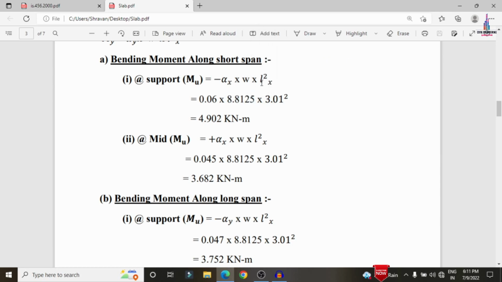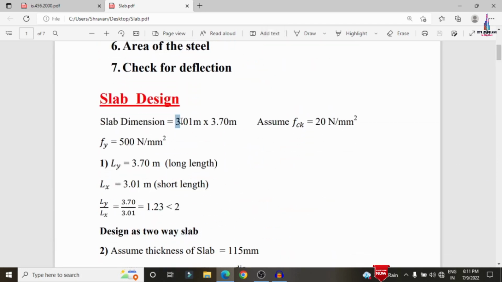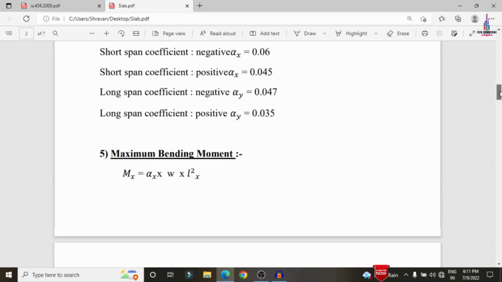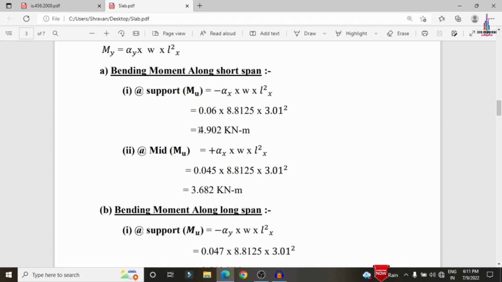Lx is the length of the shorter span, which in the input is given as 3.01. Substituting these, we get the moment as 4.902 kilonewton meter.